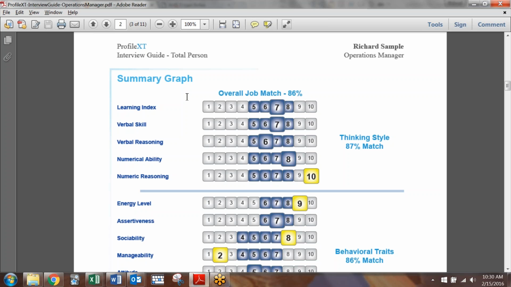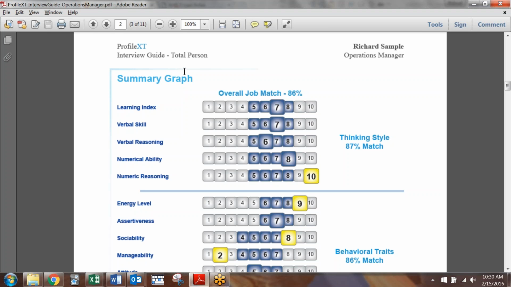Now, all of these scores work to generate the learning index score. Learning index is basically the capacity for a person to pick up on concepts. It describes to a degree their ability to multitask, although there's an argument that multitasking is not a good tactic.